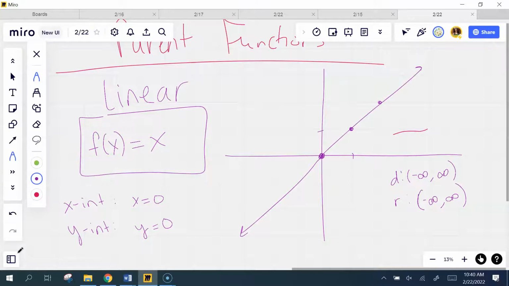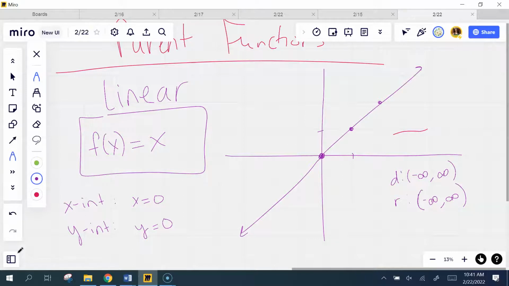Then it says the maximum number of roots or zeros. Now, what is a root or a 0? It crosses the x-axis. So if I stretch this, shrink it, turn it, twist it, move it up, down, left, right, how many times could it ever possibly cross the x-axis? Once. It's never going to cross more than once. Do you see that?